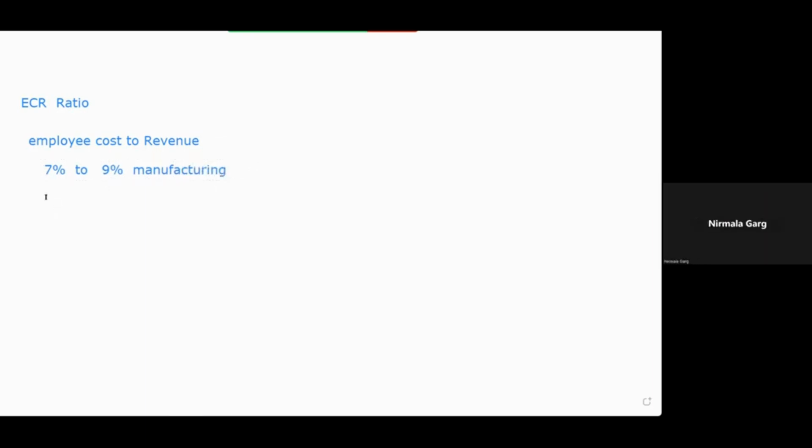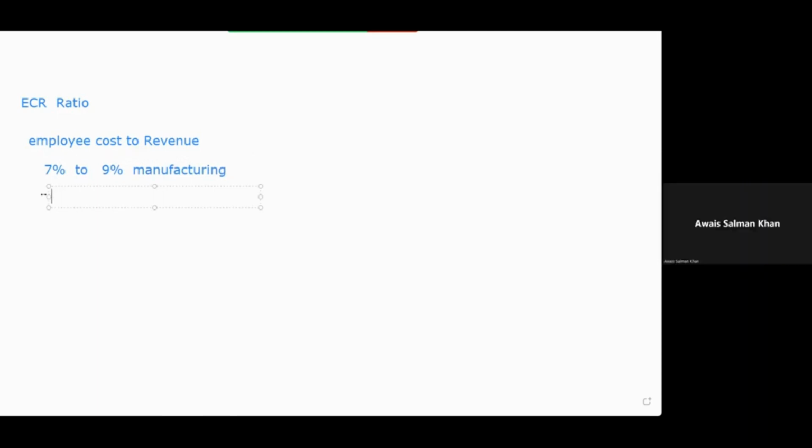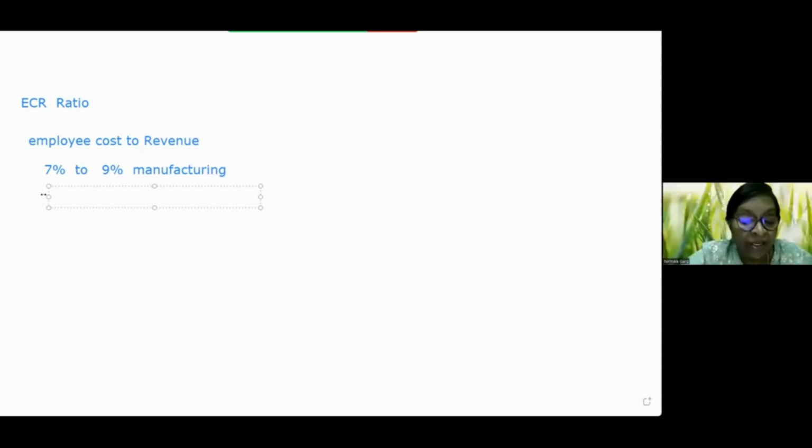Now, in IT organizations, in information technology, especially product companies, it can range anywhere between 30% and up to 60%.